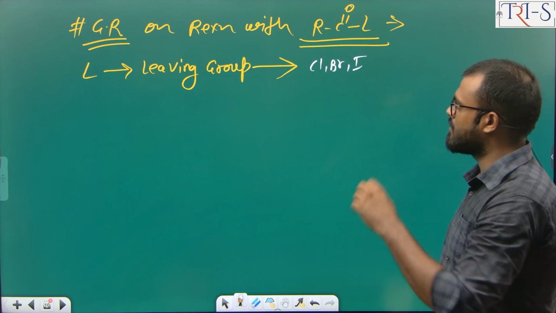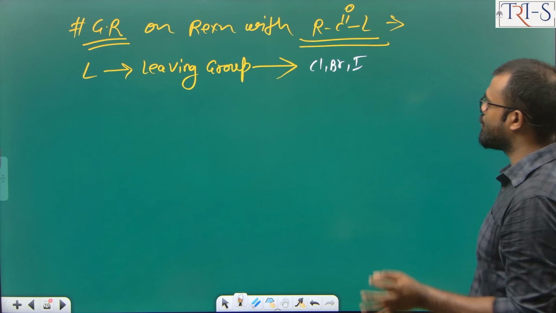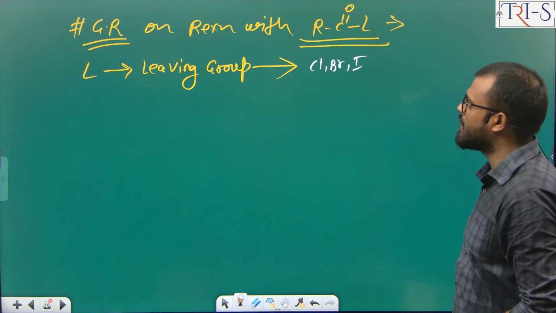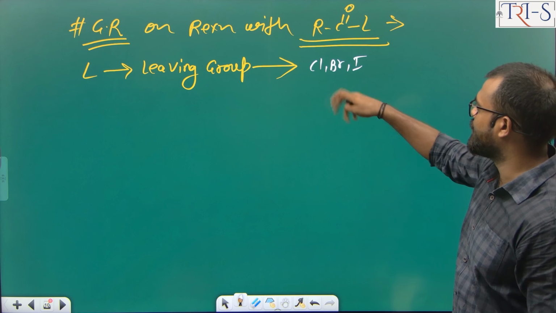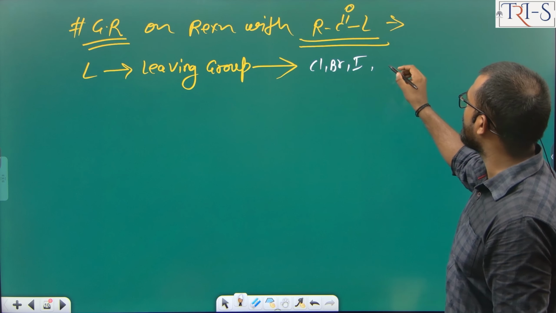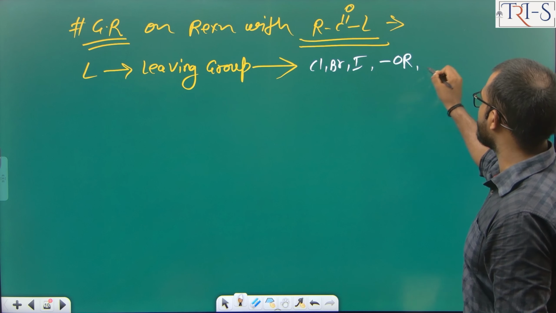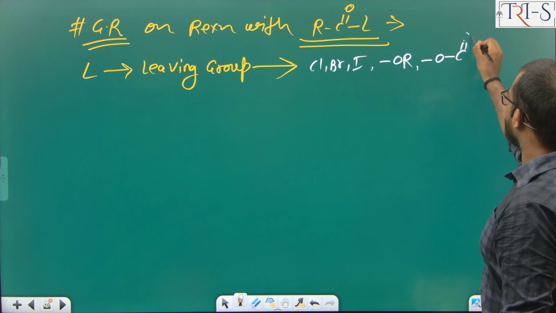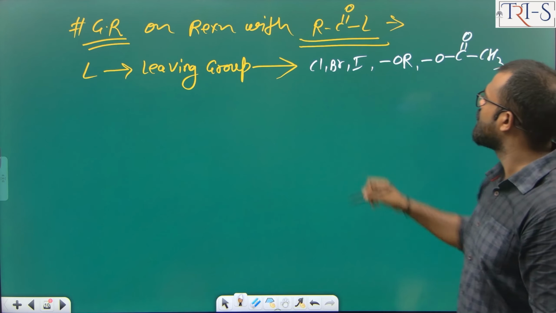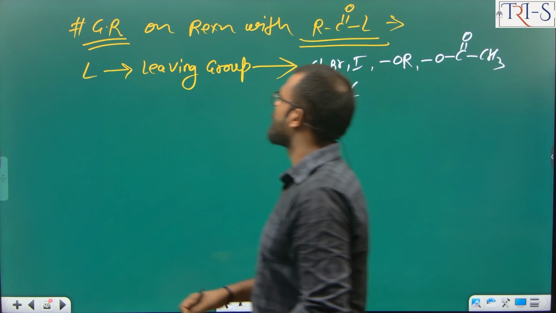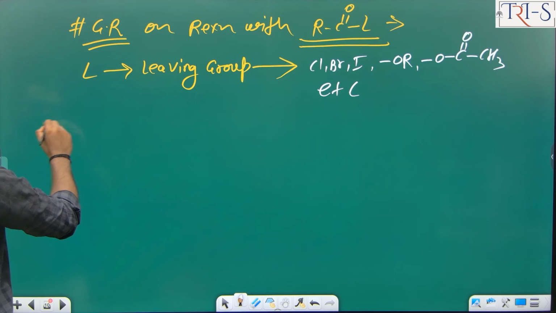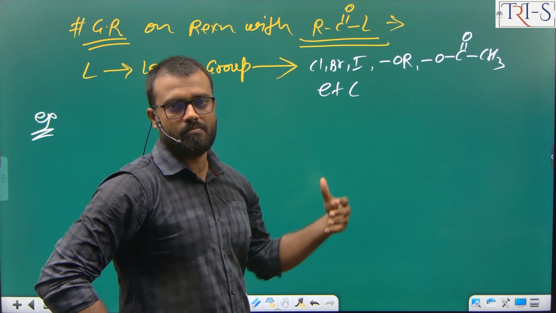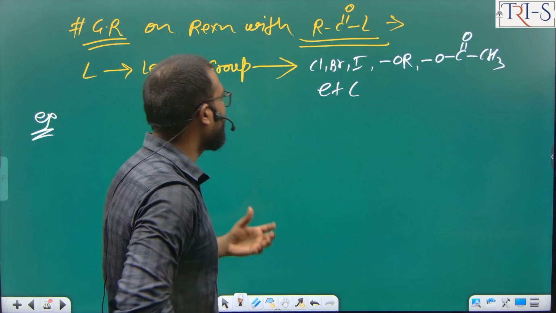Already we discussed the carbon fluorine bond is much stronger, so here we are not going to take the example of fluorine. Chlorine, bromine, iodine, or any alkoxy group or any other bulky group, generally they give secondary, tertiary alcohol.